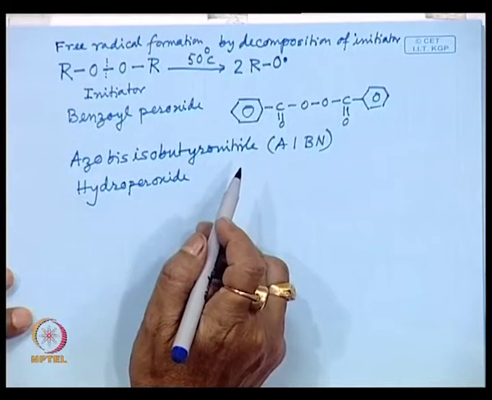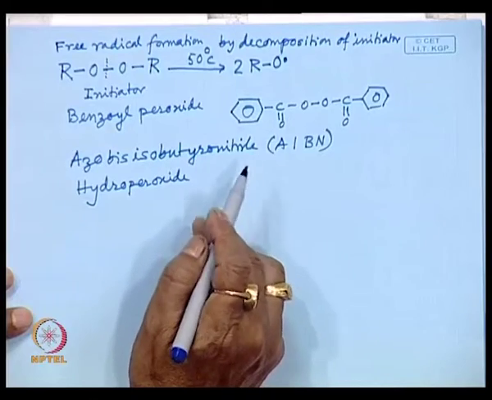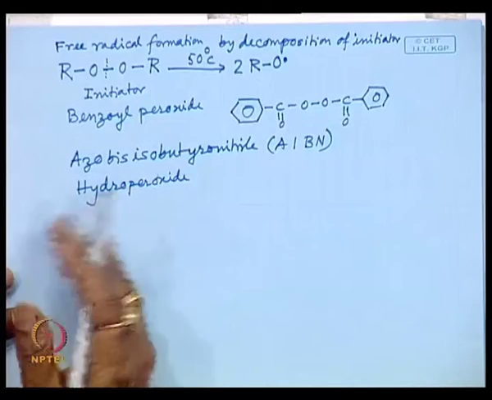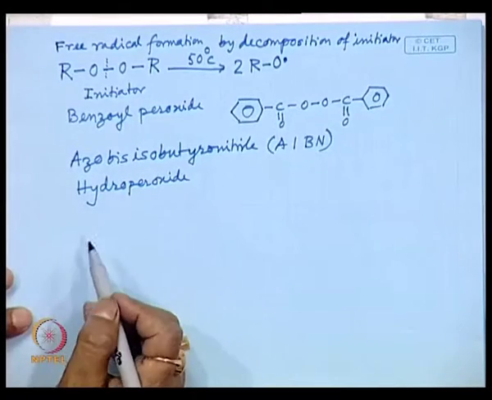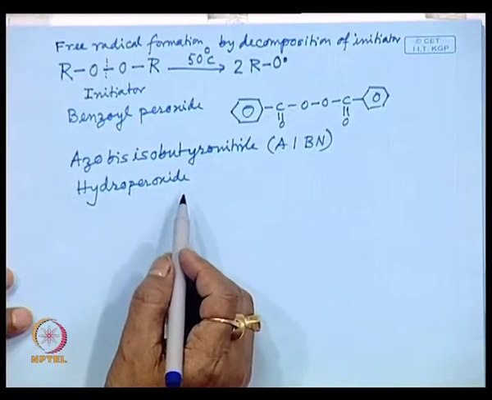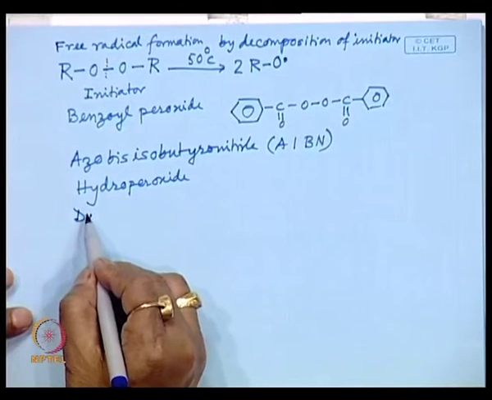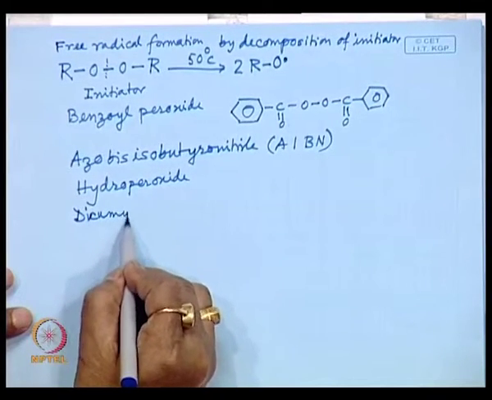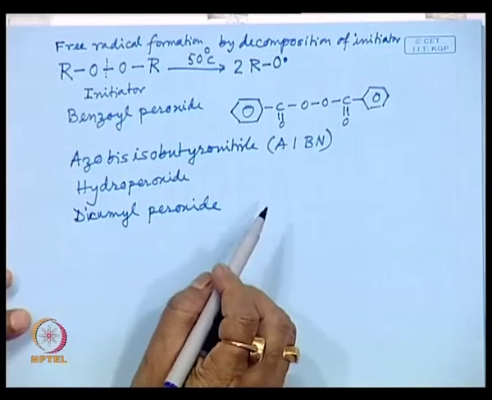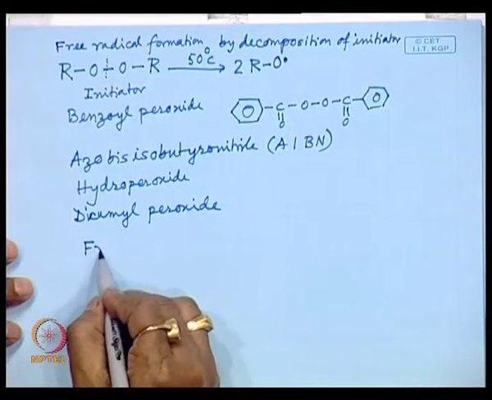That azo bond, nitrogen double bond nitrogen, is unstable, that will break releasing a free radical. Hydroperoxide can be cumene hydroperoxide or dicumyl peroxide. So, these are known as free radical initiator compounds or molecules.